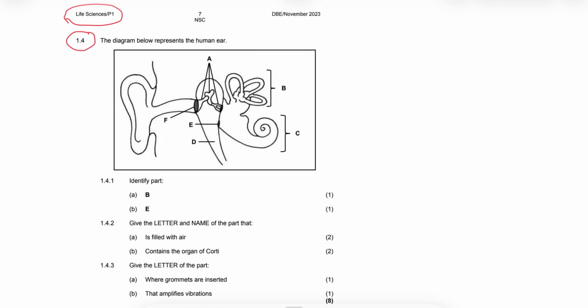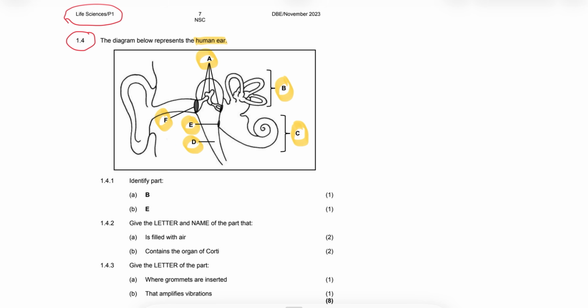As you can see here guys, the question says, the diagram below represents the human ear, and we are provided with a diagram. And when provided with a diagram, we already know that the examiner is probably going to ask us to label these parts that are represented by these letters.